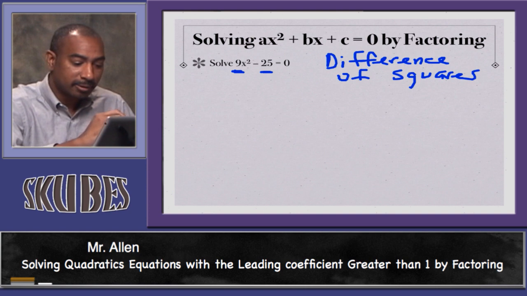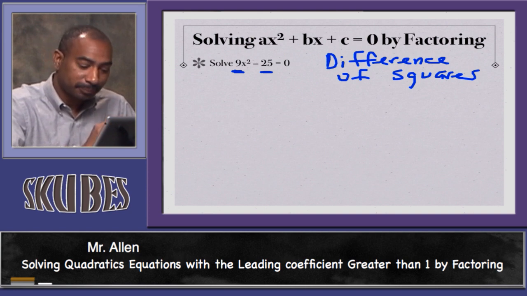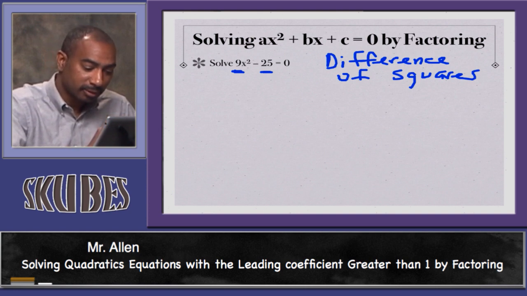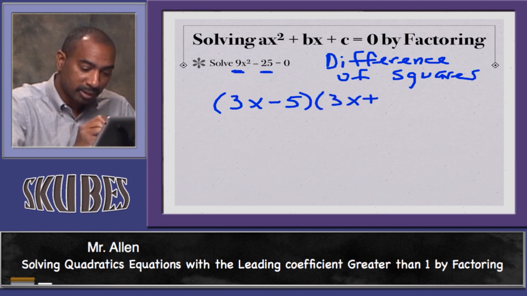So when you see that pattern, we can easily factor that because we know that the square root of 9 is 3, so you can say (3x minus 5)(3x plus 5) equals 0.